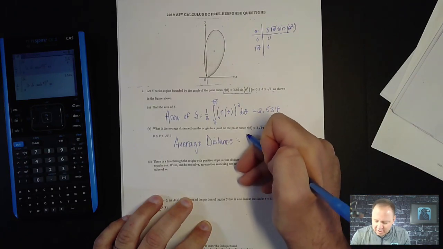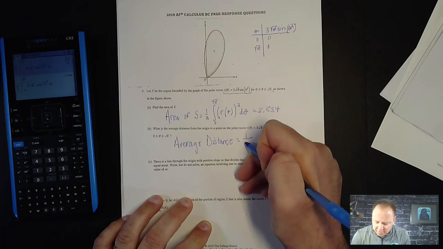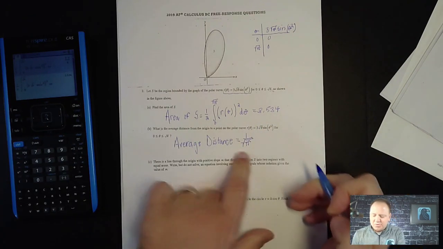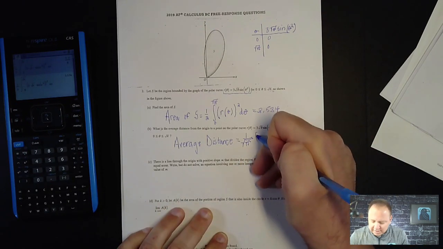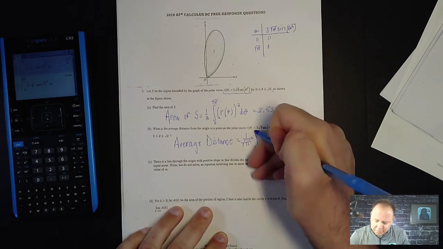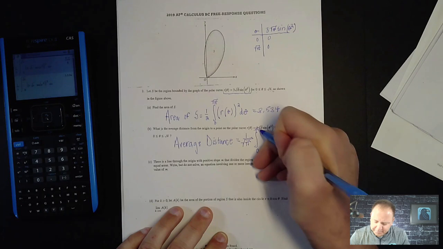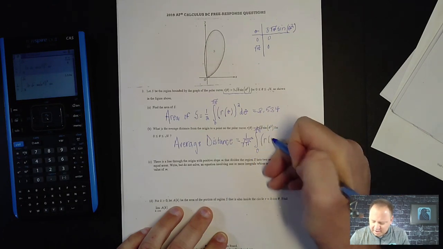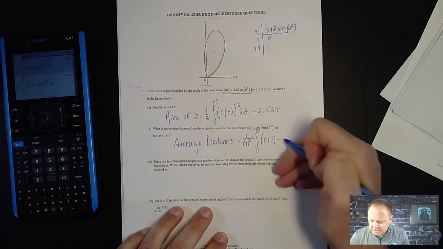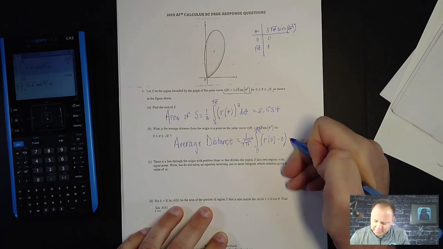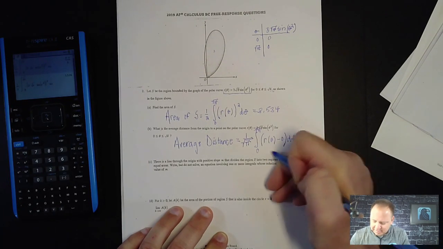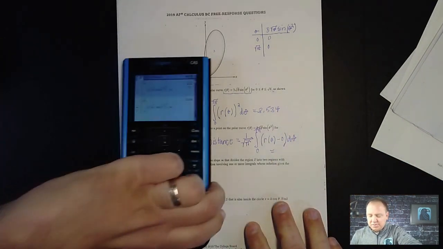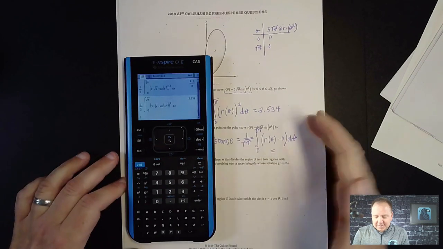All right, so 1 all over square root of pi minus 0, which is just square root of pi, all times the integral from 0 to square root of pi of your r of theta. Remember, it's already built from the pole, if you understand how polar is being built. All right, let's do this.